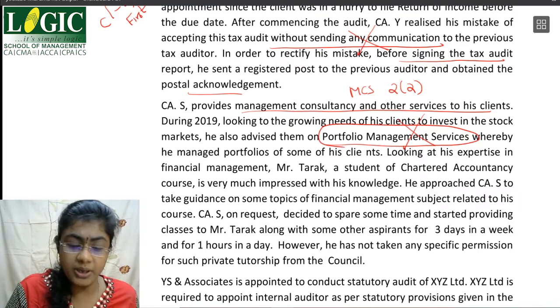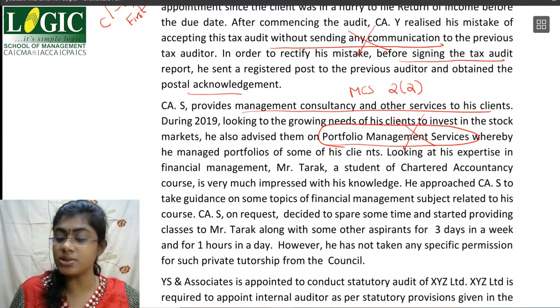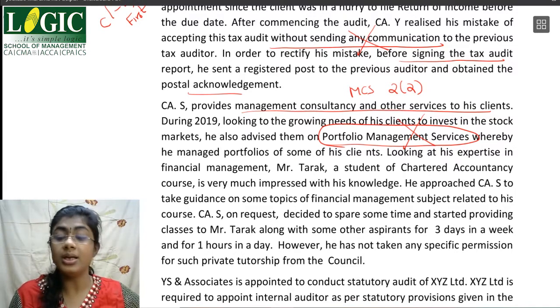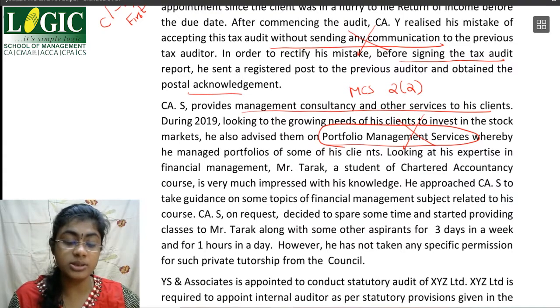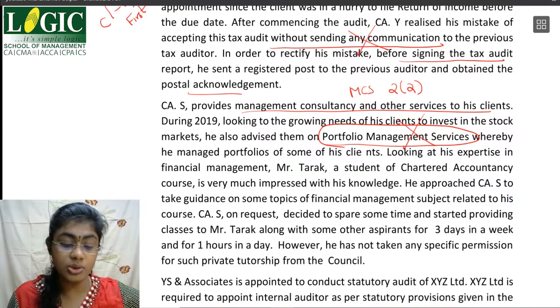Looking at his expertise in financial management, Mr. Tarak, a student of the Chartered Accountancy course, is very much impressed with his knowledge. He approached CAS to take guidance on some topics of the financial management subject related to his course.